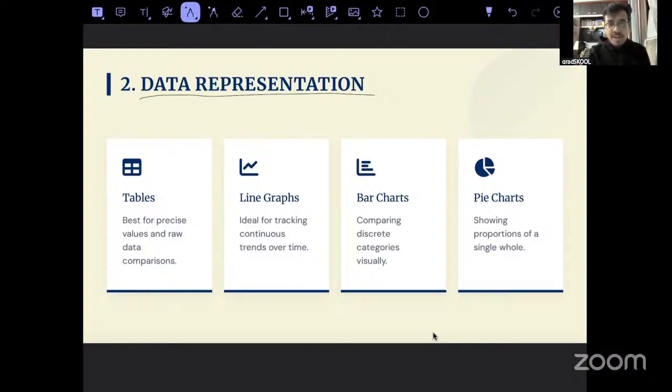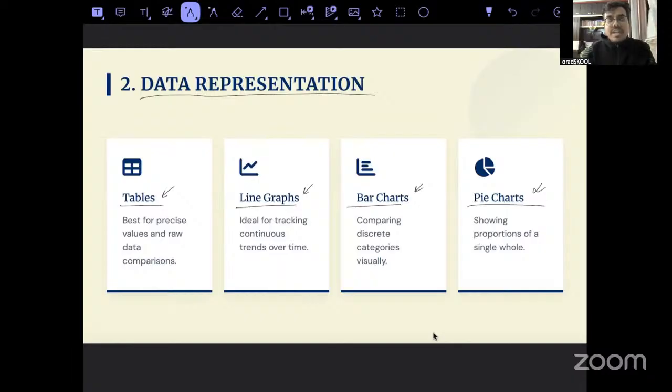So when data is large, we can represent it by use of tables, line graphs, bar charts, pie charts. The key point here is good representation makes data easy to understand, and by good representation I mean we can represent data in the form of tables, line graphs, bar charts, pie charts.